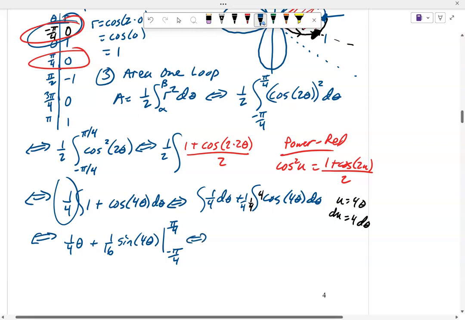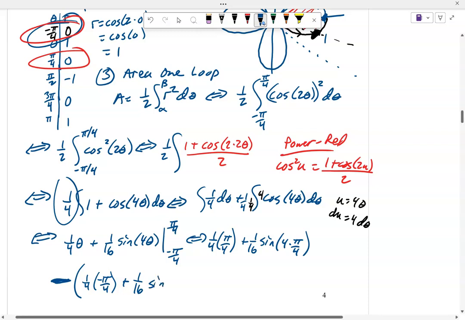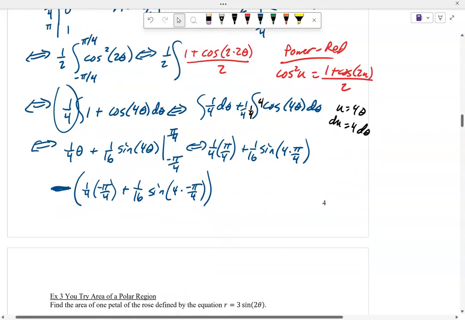So 1/4 times pi over 4, 4 times pi over 4, minus, sine of pi is 0.